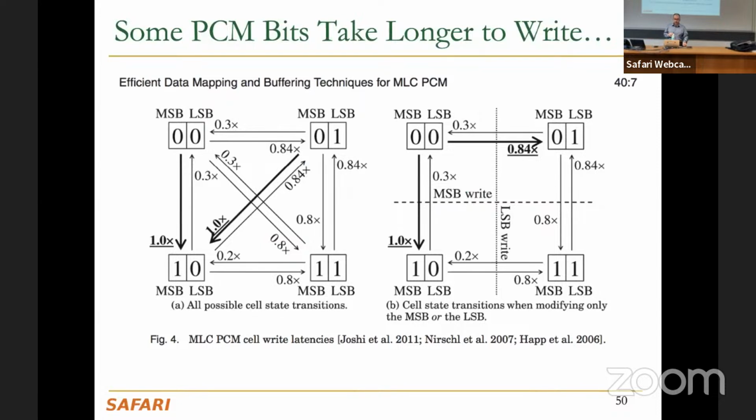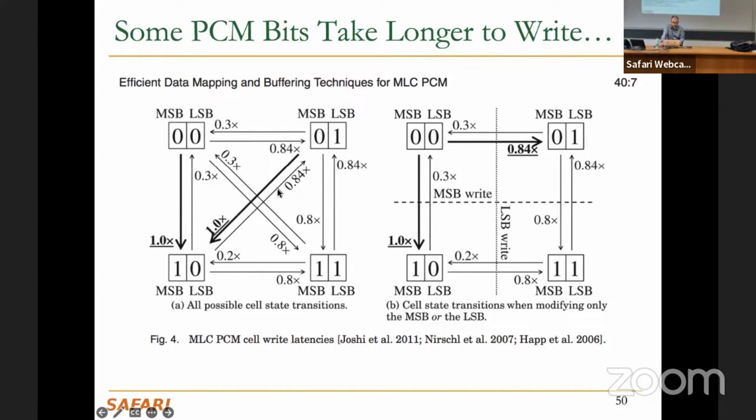We also have asymmetry for writes. Depending on the initial state, we have different latencies to get the final value. For example, when the value is 0, 1, and we want to go to the state of 0, 0, it's quite a bit faster.